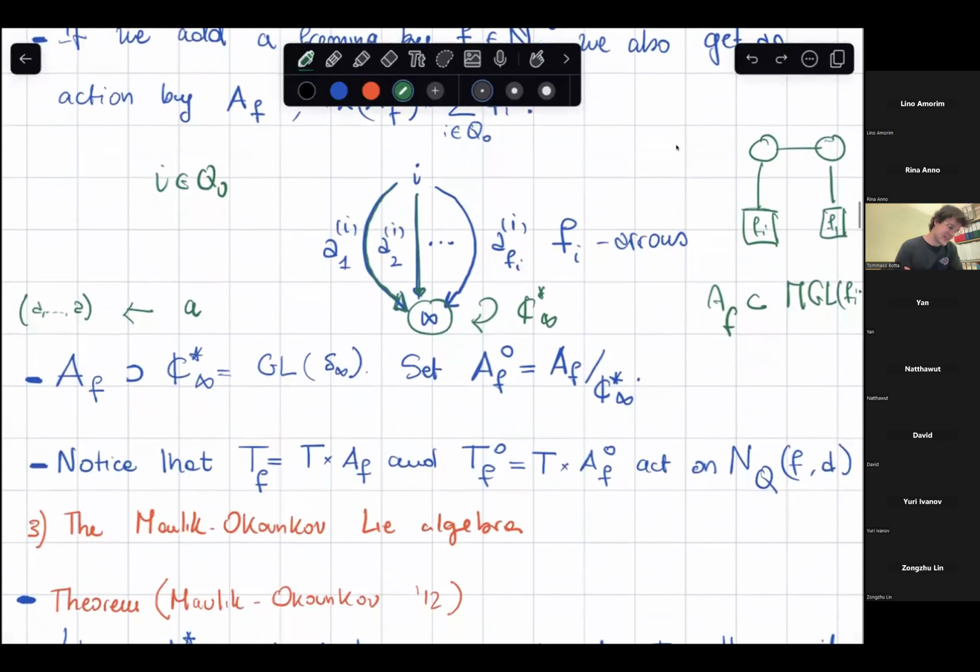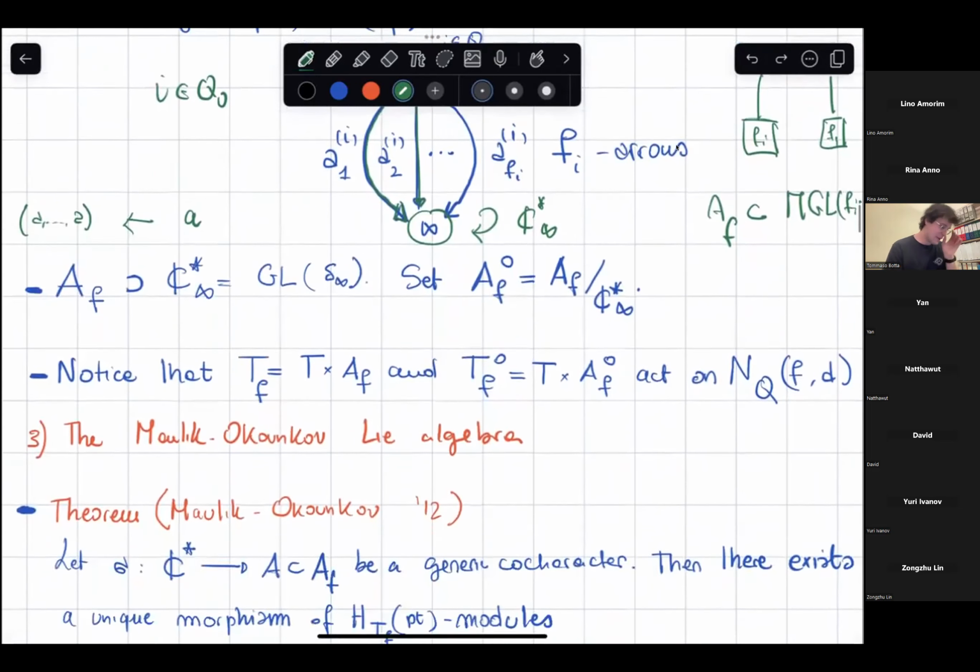As a consequence, I define AF0 as the quotient of AF by the C star 0. And by construction, the torus TF, defined as the fiber product of T and AF, and also this TF0 defined analogously, act on the cohomology of the quiver variety.